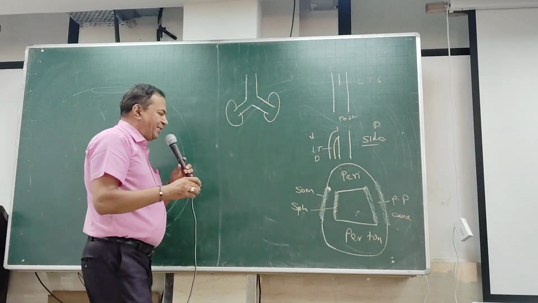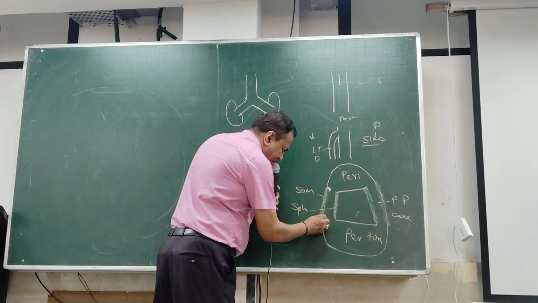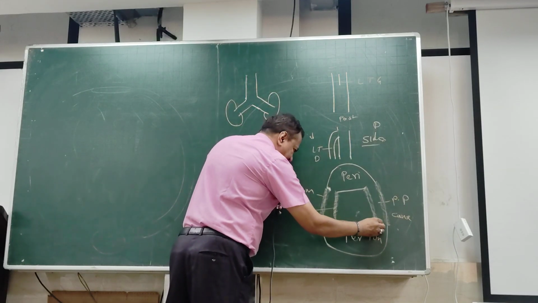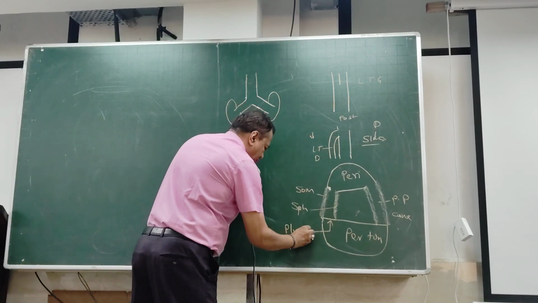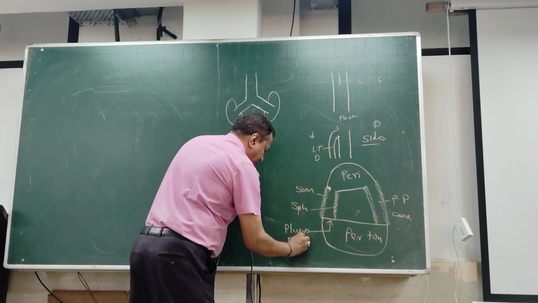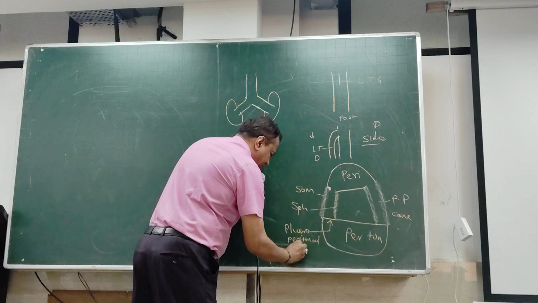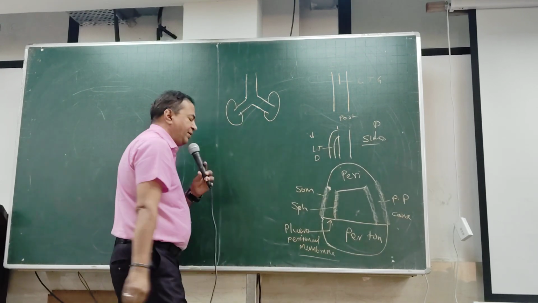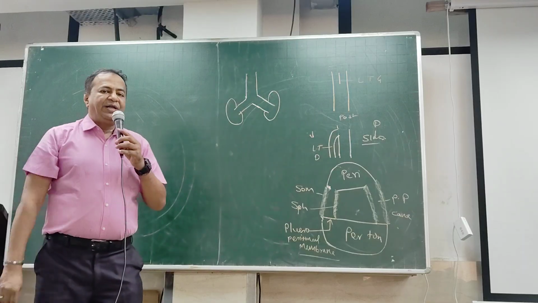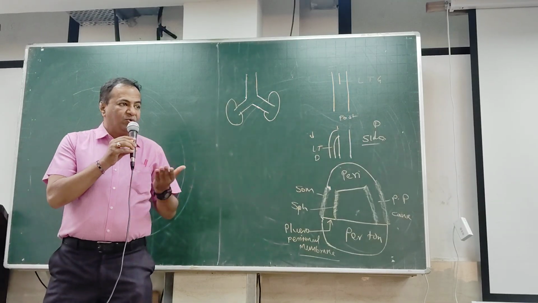Now this part has to be closed, and this is closed by pleuroperitoneal membranes. What is the name of the membrane? Pleuroperitoneal membrane will close.